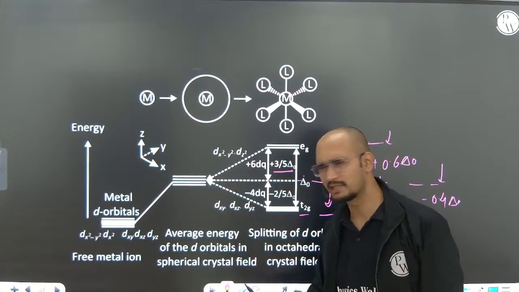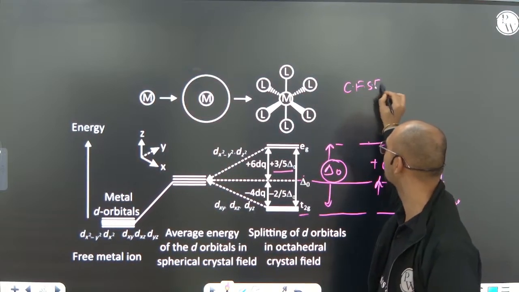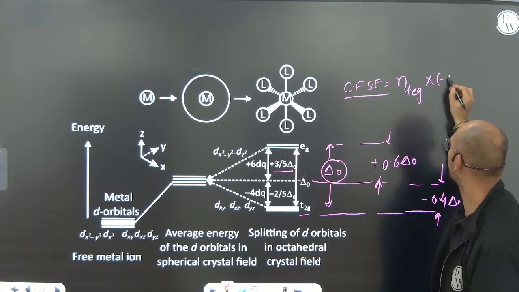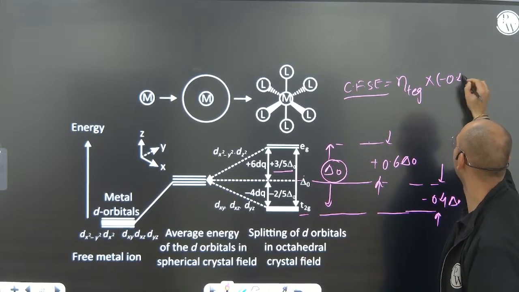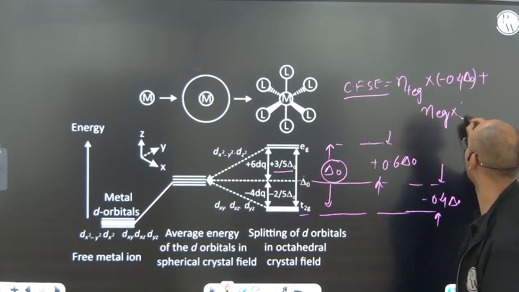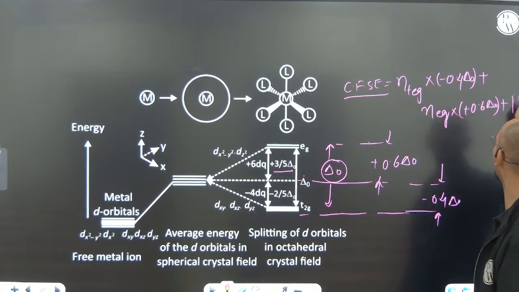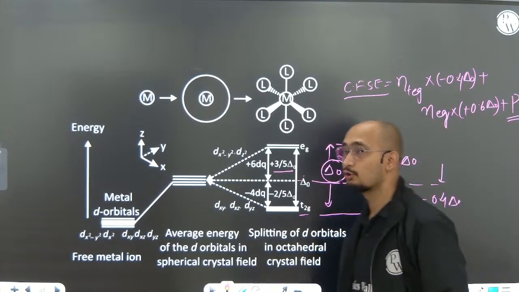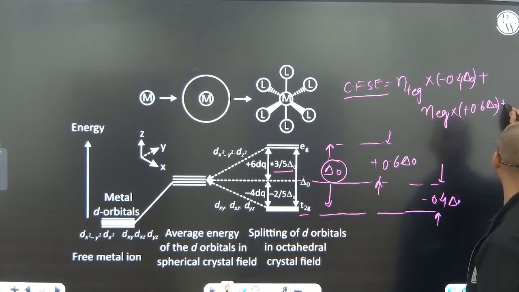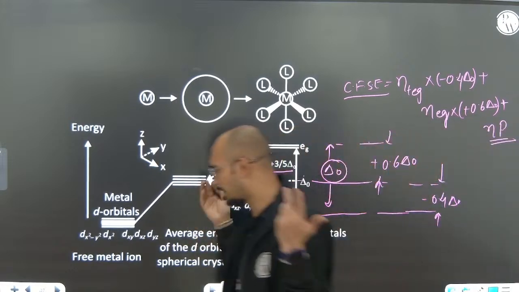Do it easily, with love, it will happen. After that you have to find the crystal field stabilization energy, which equals the number of T2g electrons multiplied by minus 0.4 delta O, plus the number of Eg electrons multiplied by plus 0.6 delta O. Plus, if any electron is forcefully paired up from your side, not naturally, then you have to add the number of forcefully paired electrons, that is NP. I hope you all know that.